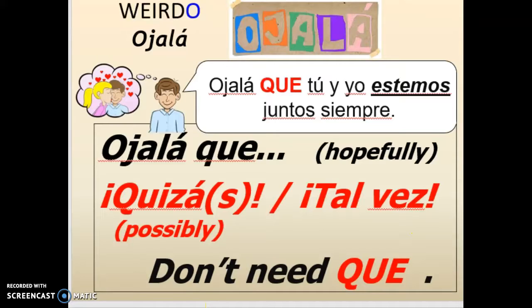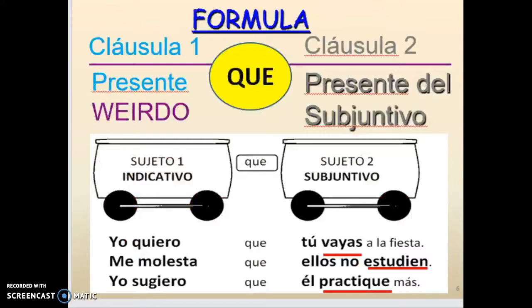Hopefully this helps you a little bit. Let's go back to some of these slides here. If anything, remember, you have your first part of the sentence, que, and your second part. Think of it as a little box where you need to look at the first clause. What are the things that are happening in that first clause? What is the subject? What is the expression? Is it my W? Is my E?